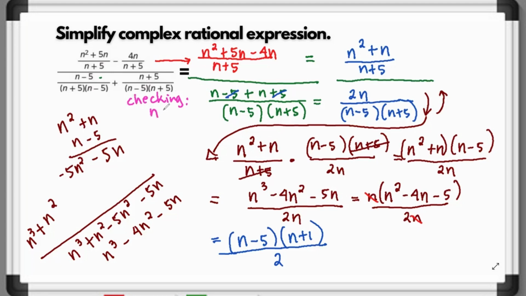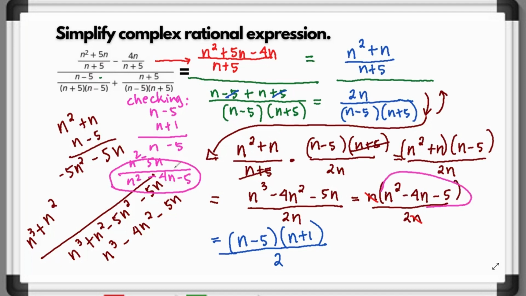By multiplying n minus 5 times n plus 1. Negative 5. And then n, negative 5n, and then n squared. So n squared minus 4n minus 5. Let me see. Oh, it's correct. Okay, exactly the same.